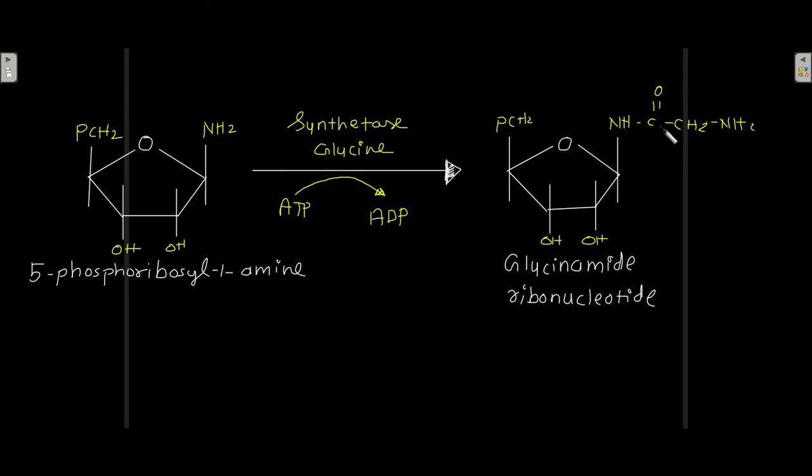So this is what is happening in this step, and this step is catalyzed by glycine synthetase, and in this step 1 ATP molecule is being consumed. Okay, so this is the first step in the de novo purine biosynthesis process.